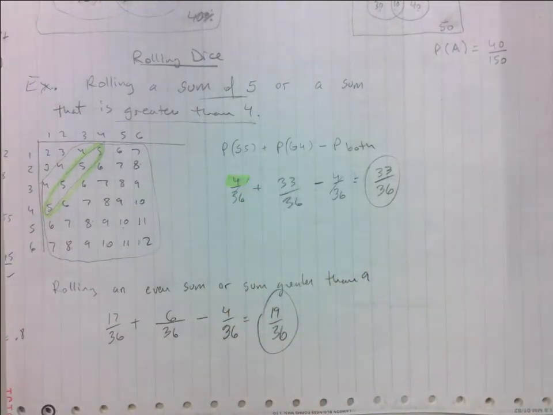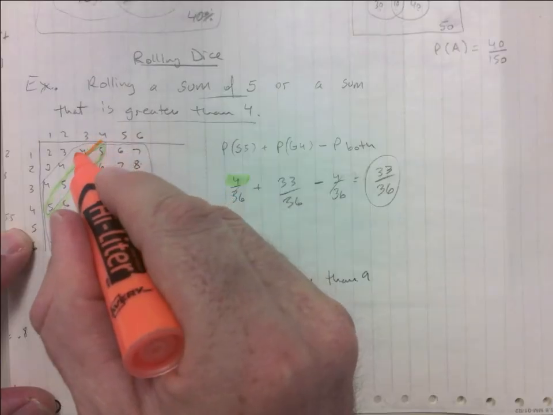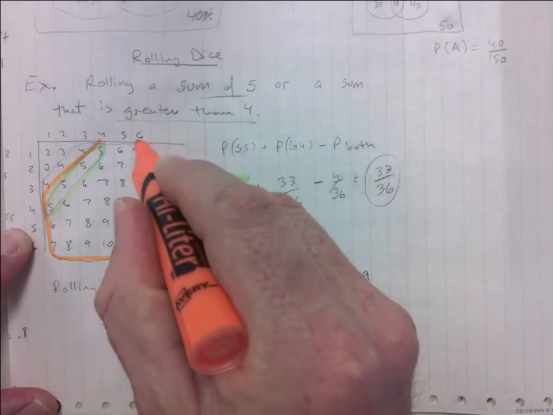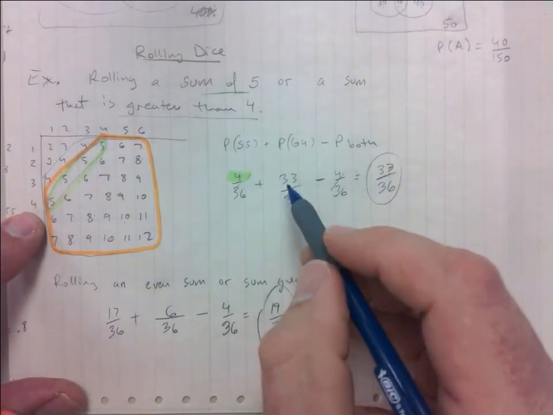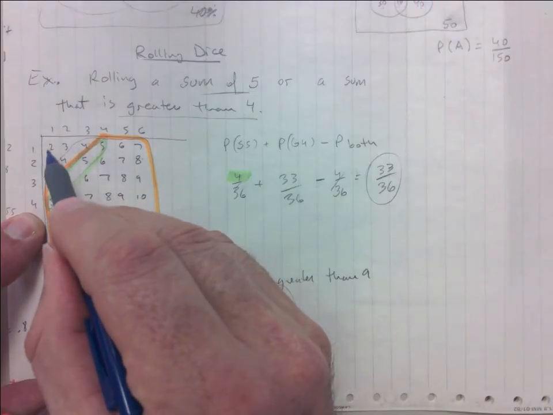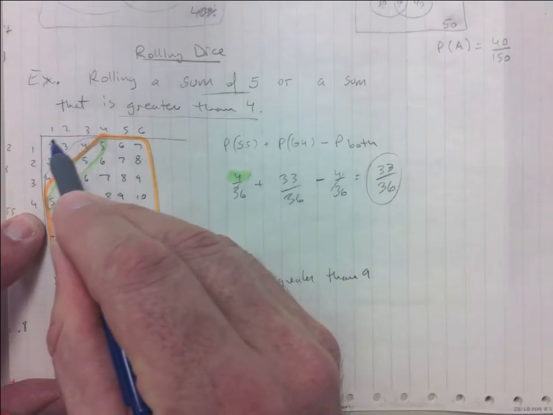And then a sum that is greater than 4, that would be this part right here. And I feel like I probably got this wrong. There's 1, 2, 3, 4, 5, 6 events that are not greater than 4.